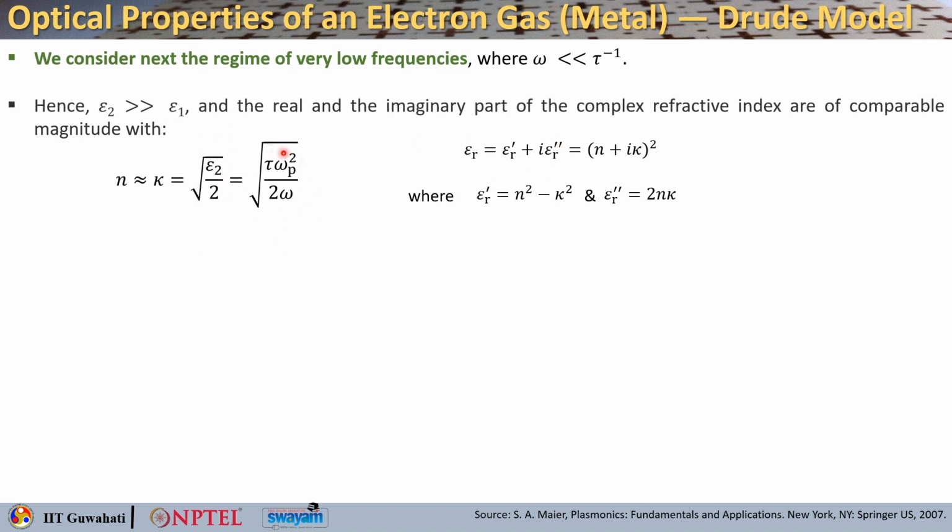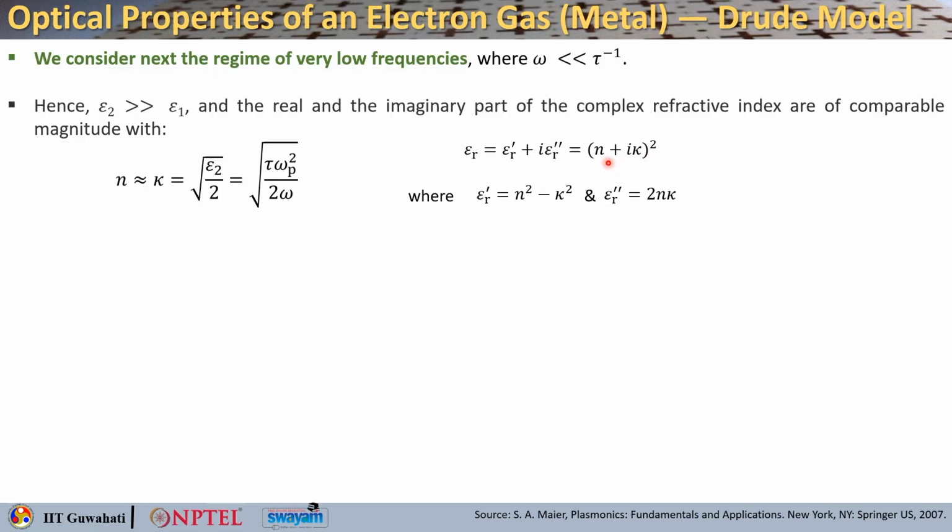You can put these values in this particular regime, so you get square root of tau omega p square by 2 omega naught. There are other relationships that can relate the real part and the imaginary part with n and kappa. In a few books you will also see them written as n1 and n2, and those are all fine.